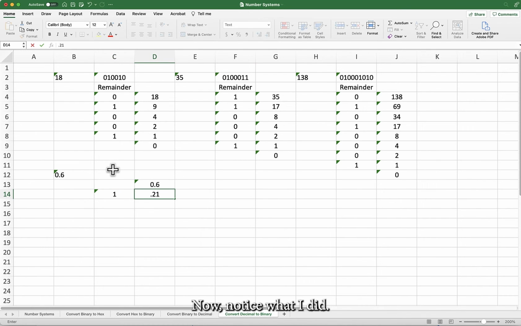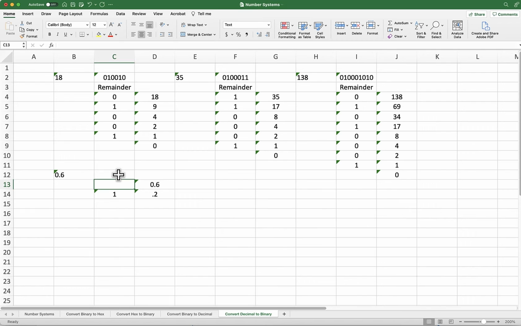Now notice what I did. Anytime that the number becomes greater than 1, I'm going to put the 1 over in the column, which we're just going to call overflow. And then I'm going to repeat this again.